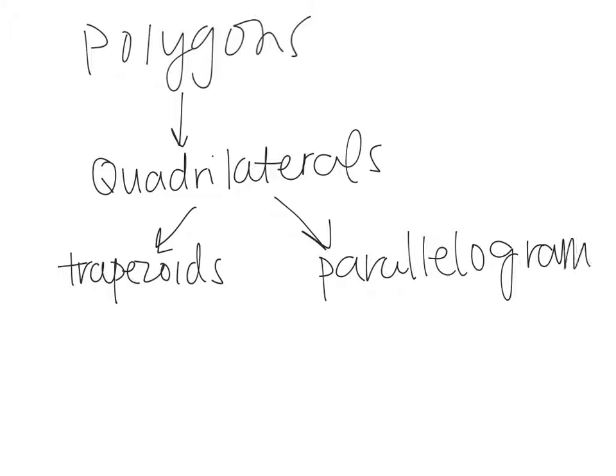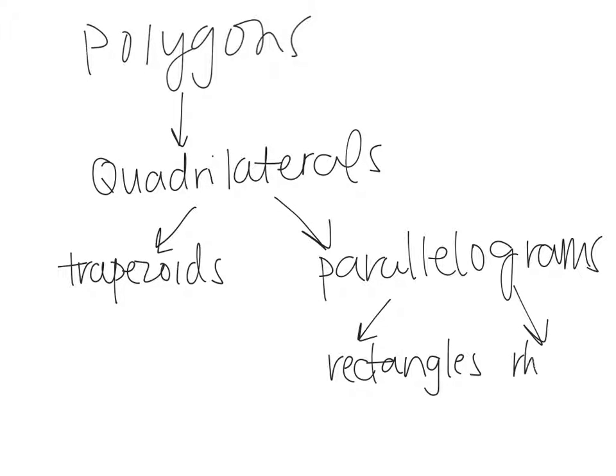Now, under parallelograms, we talked about squares. No, sorry. What would be the next broadest one? Rectangles, thank you. And we also talked about rhombuses, thank you. Now, a special type of rectangle and a special type of rhombus is a square.